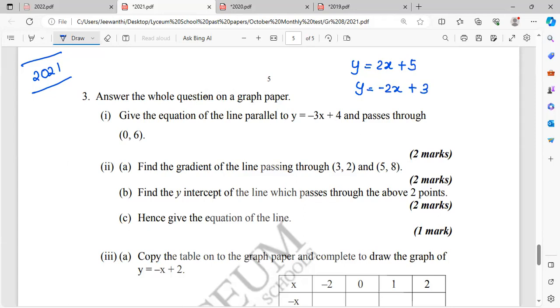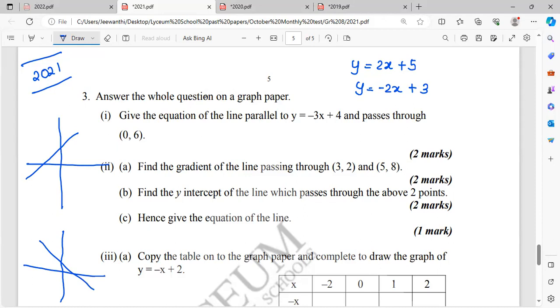These lines are not parallel, right? Keep in your mind that when you have a positive gradient, your line is like this. When you have a negative gradient, your line is like this. So you can't find parallel lines, because they are going in totally opposite ways.